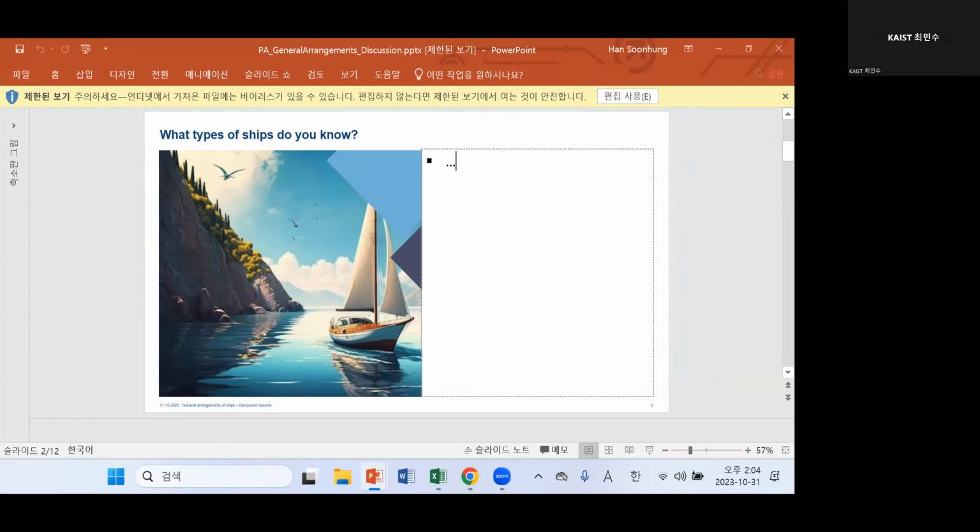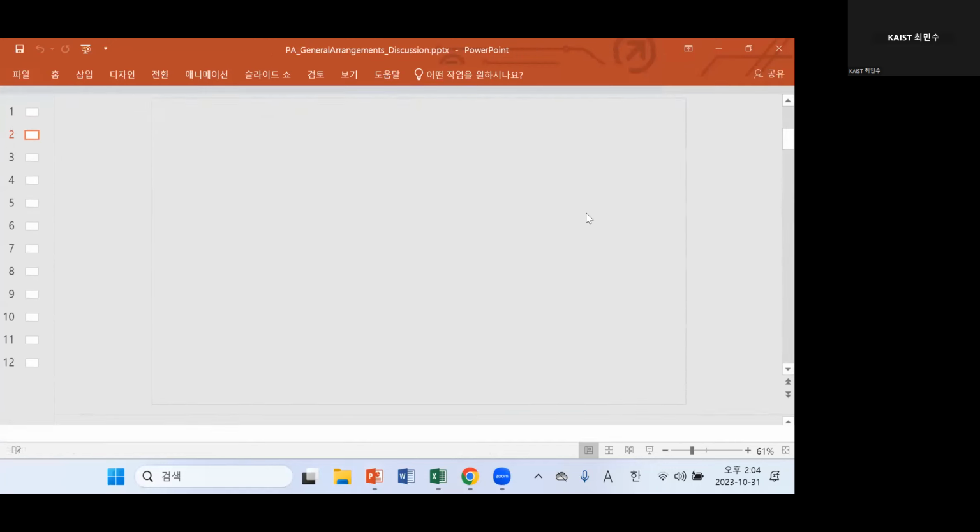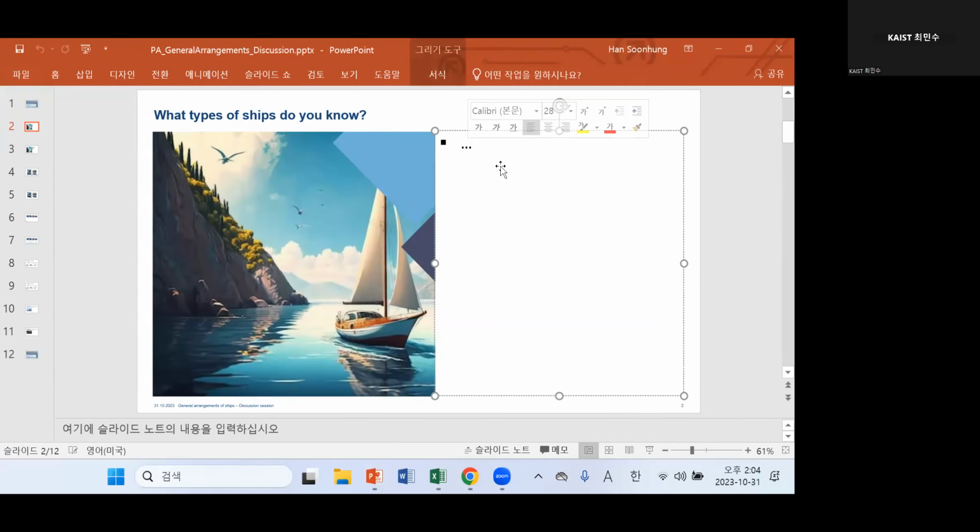So we have yachts. Cruise ship, very good. Cargo. Battleship, yeah, very good.